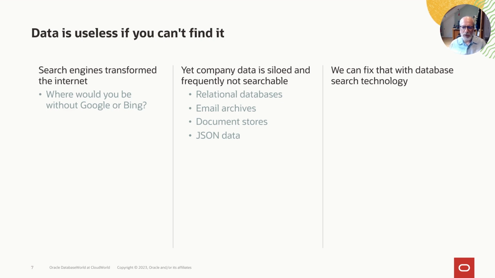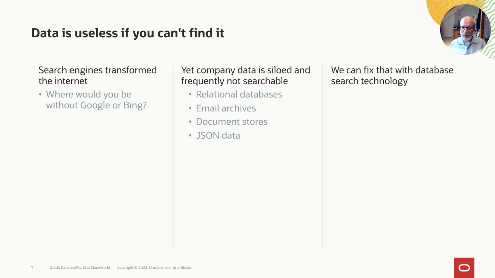So we're all familiar with that. Everybody's used to using Google, Bing, whatever your favorite search engine is, and it makes the internet usable, and it means that you can find almost anything that you want on the internet. But at the same time, your company almost certainly has large amounts of textual resources in databases, in email archives, document stores, and so on.